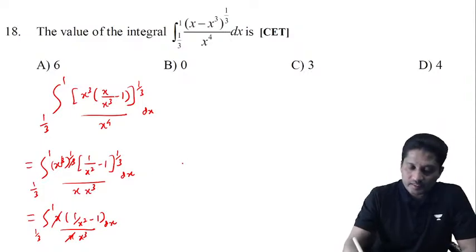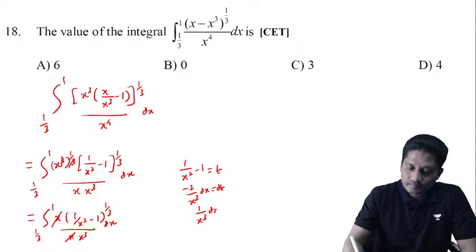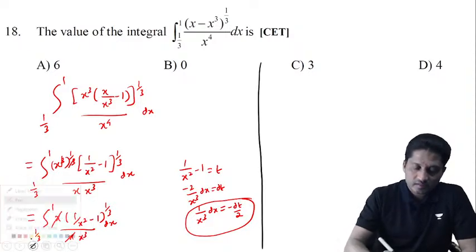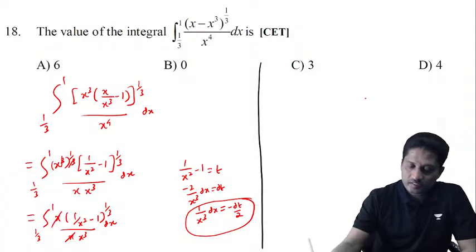I'm going to put 1 by x square minus 1 equal to t. Differentiation of 1 by x square is minus 2 by x cube, right? And then dx is equal to dt. From this, 1 by x cube dx is equal to minus dt by 2. Right, now I'll change the limits. Let's call this equation 1.